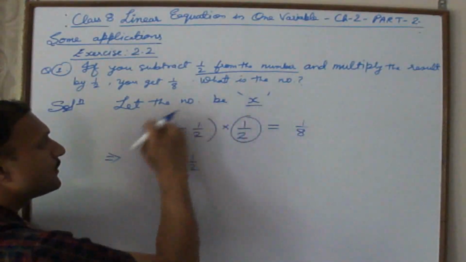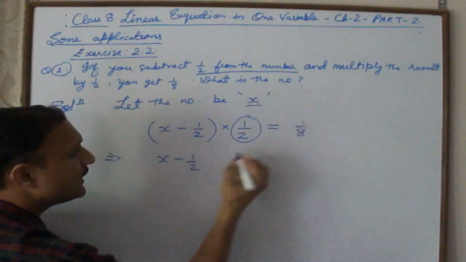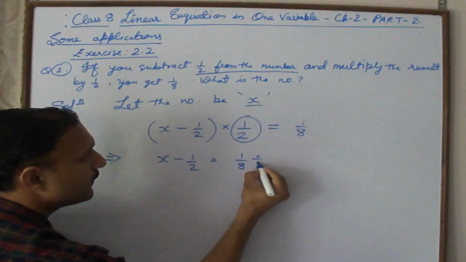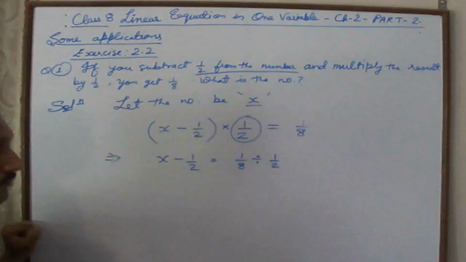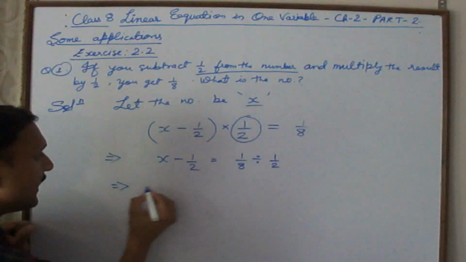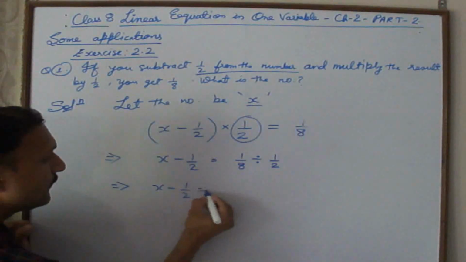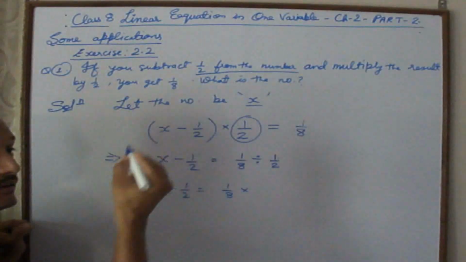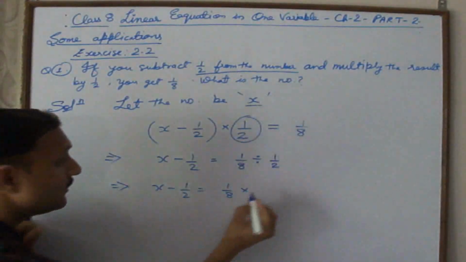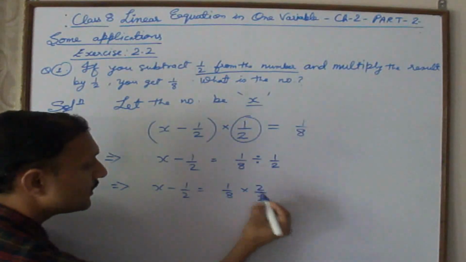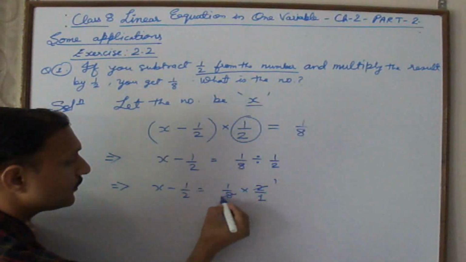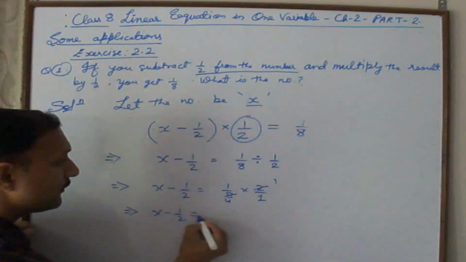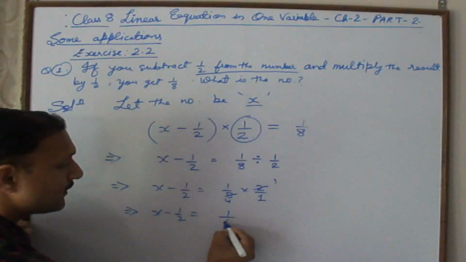So 1 by 2 will go to the other side and convert to division: x minus 1 by 2 equals 1 by 8 divided by 1 by 2. Divide changes to multiplication; take the multiplicative inverse, or reciprocal, 1 by 2 becomes 2 by 1. 1 times 2 is 2, 8 times 1 is 8... so x minus 1 by 2 equals 1 ones are 1, 4 ones are 4, that is 1 by 4.